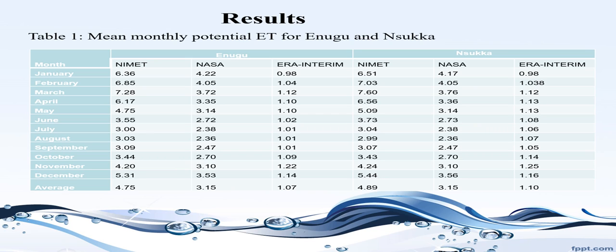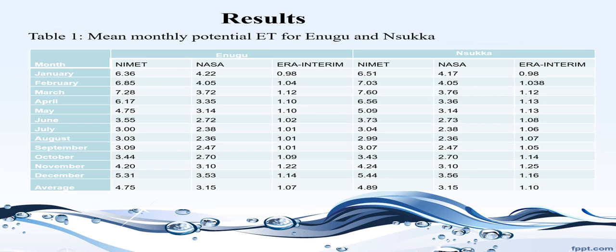On average, NIMET has the highest monthly ET with a value of 4.75 millimeter per day, followed by NASA and ERA interim.